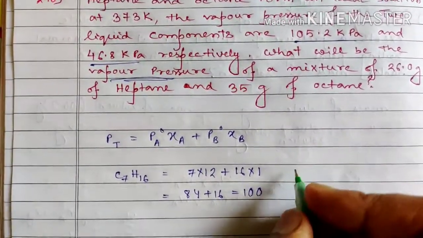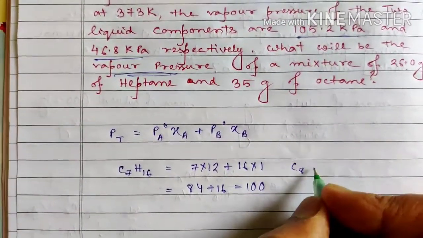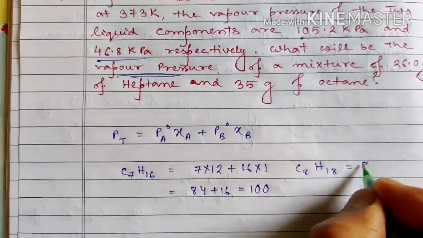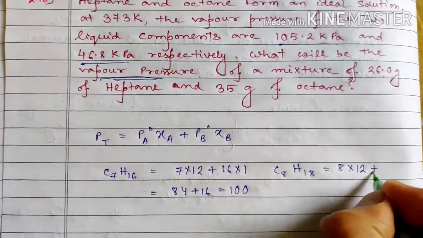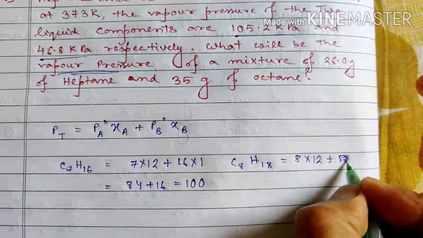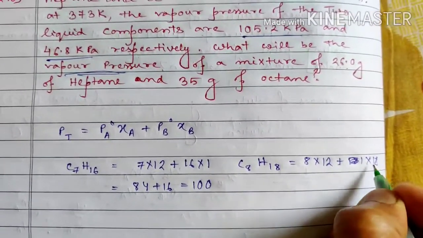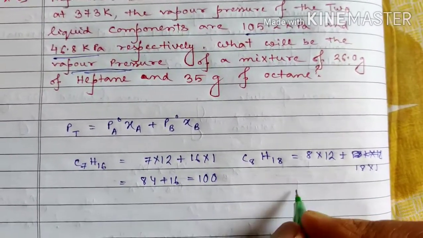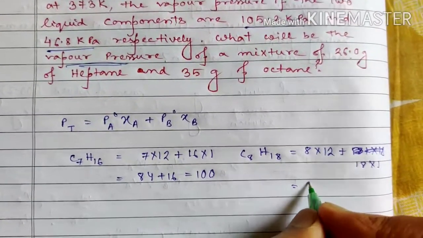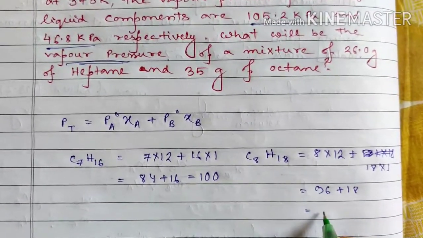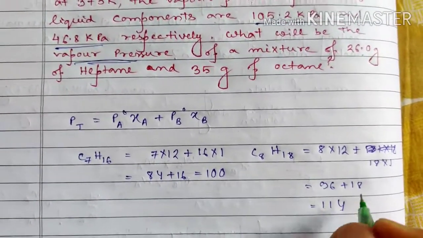And on the other side, octane, that is C8H18, it will be 8 into 12 plus 18 into 1. So it is 96 plus 18, which is 114.